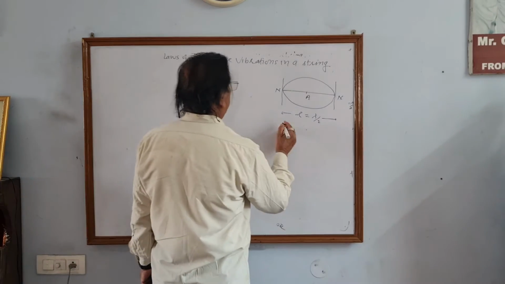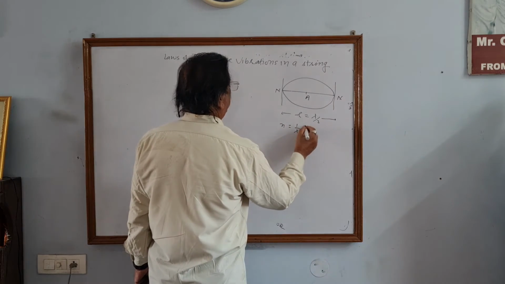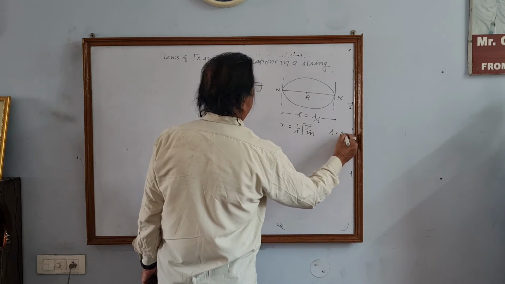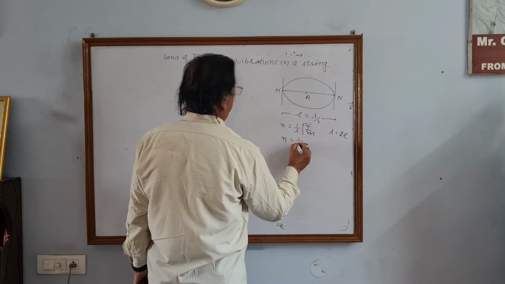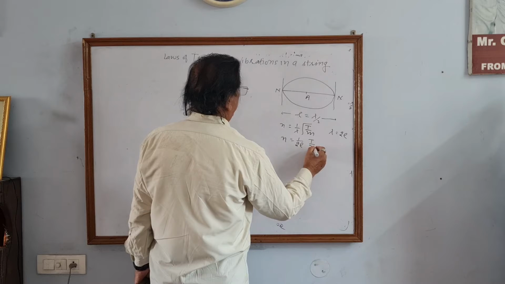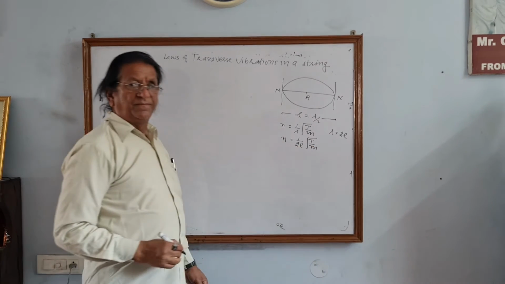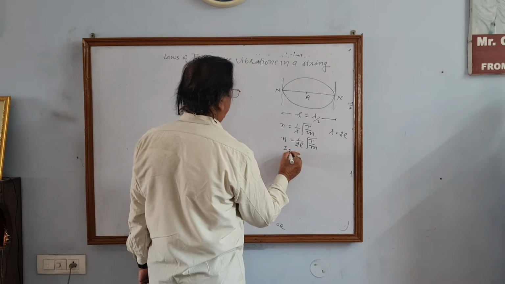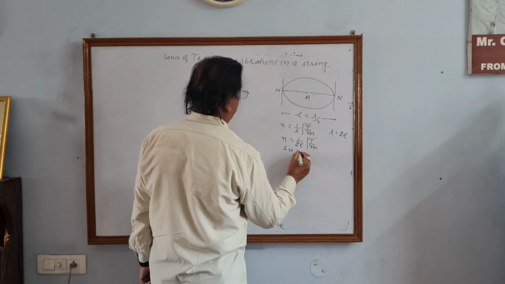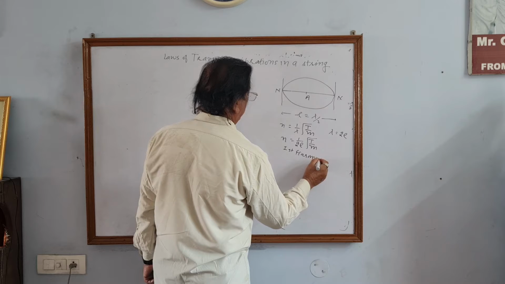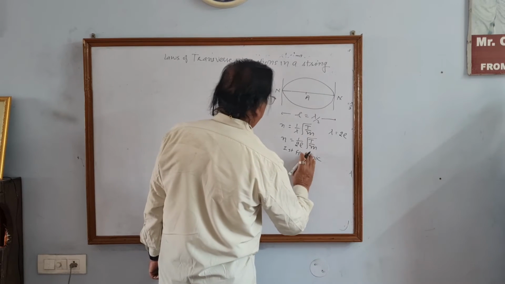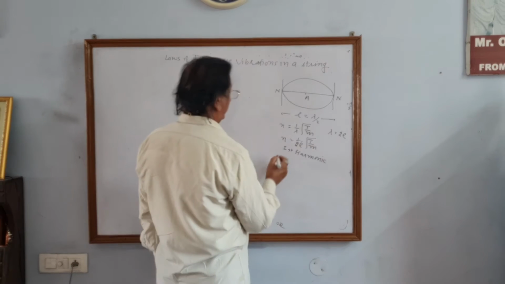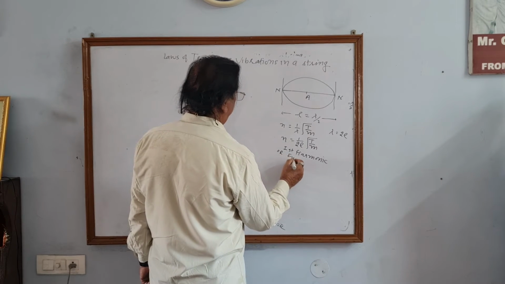The frequency will be 1 over lambda root of T by m. Here lambda will be 2L, so frequency will be 1 over 2L root of T by m. This is first harmonic, or it is fundamental frequency.